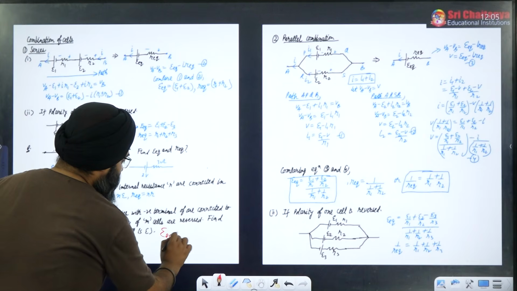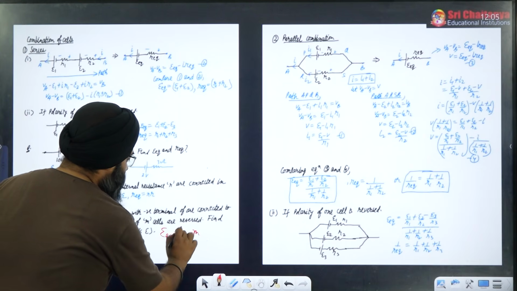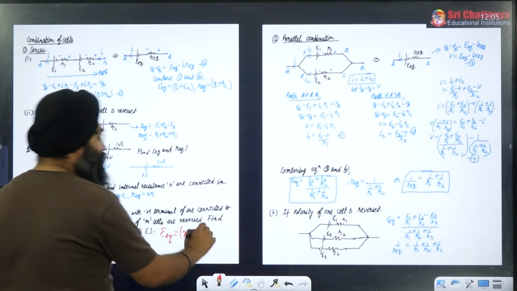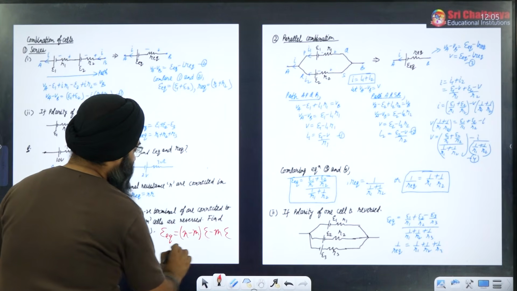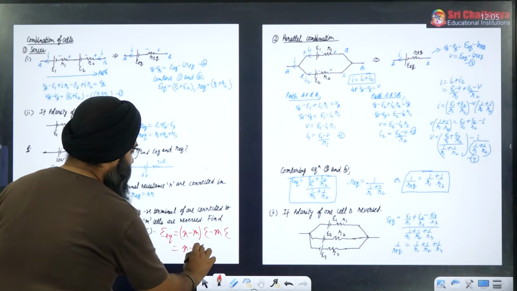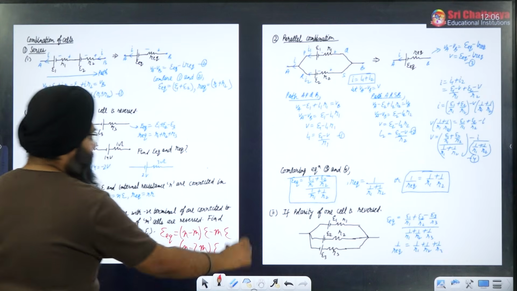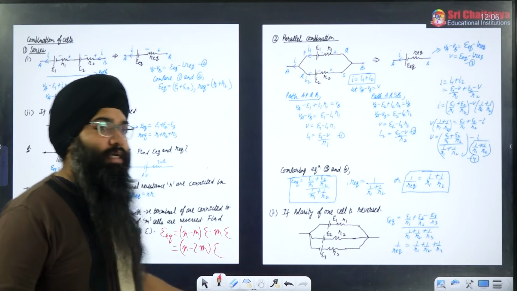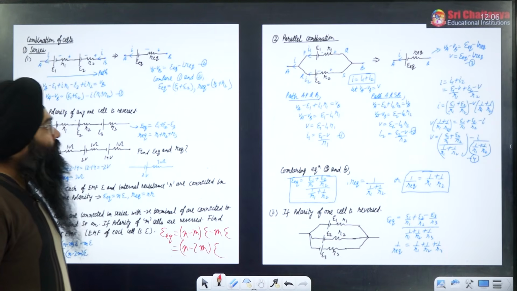So E equivalent will be (n minus m) multiplied by E. They are in the same polarity, but you have reversed the polarity of m cells, so you have to subtract also. It will be minus mE, so it will come out to be (n minus 2m) multiplied by E. This will be my E equivalent. I hope this concept is also clear to you.